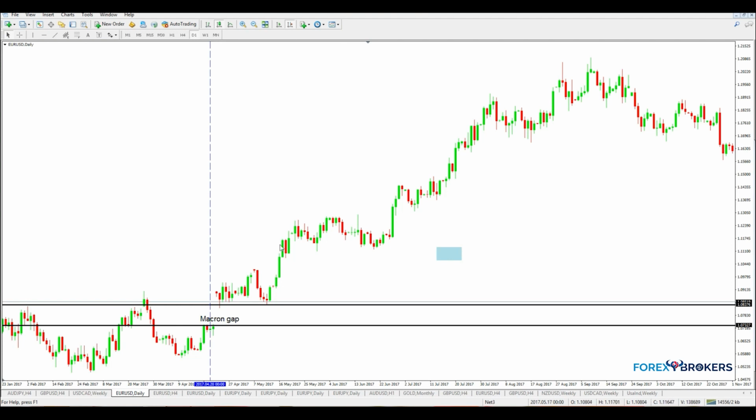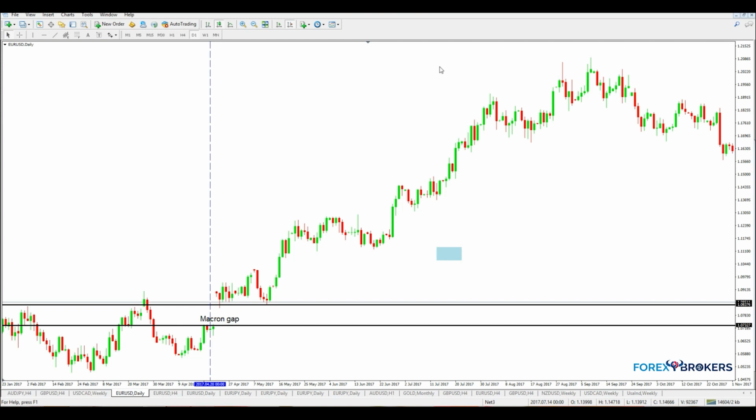I mean, if the market was strong enough to gap higher, this window represents a continuation pattern. It's a strong bullish sign. The opposite is true as well. In a bearish trend, if the market has the power to gap lower after the weekend, it is a bearish sign, a continuation pattern in the same direction.